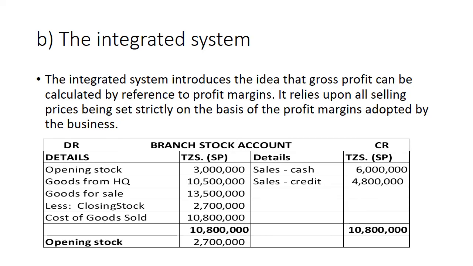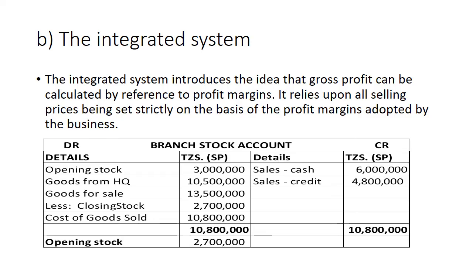So in this case, the branch stock account will be kept at selling price: opening stock of 300,000, cash sales, credit sales, goods sent from head office.